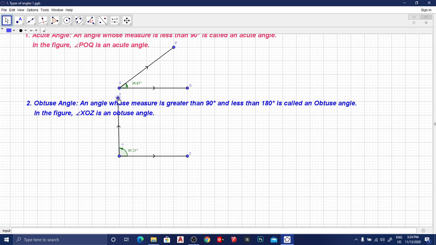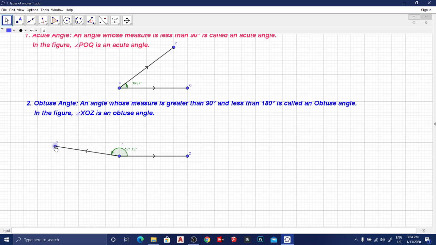If it is in the middle like this, at 90 degrees, that is called the right angle. If it is at 180 degrees, that is called the straight angle. Okay, so in between 90 and 180, all these angles are called the obtuse angles.